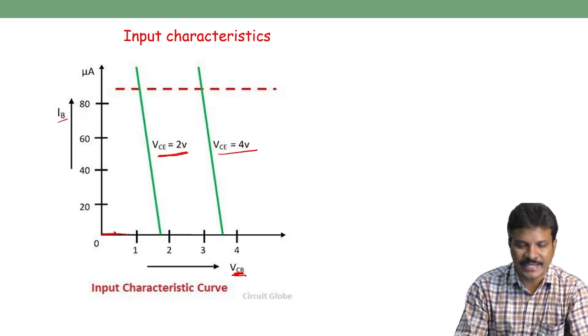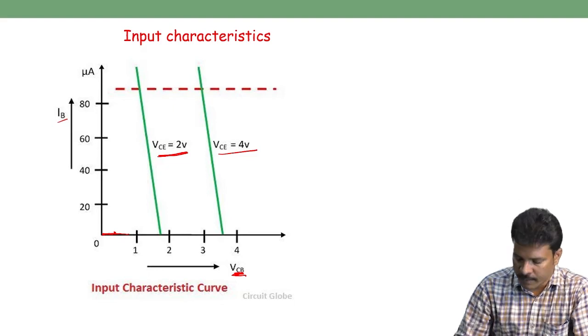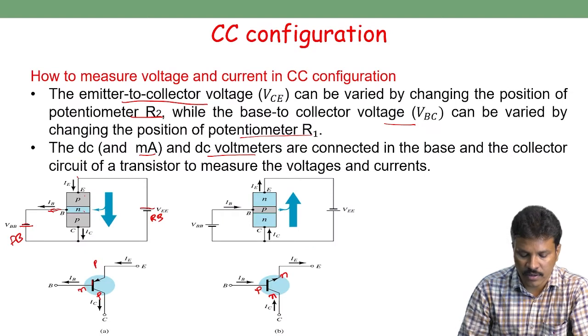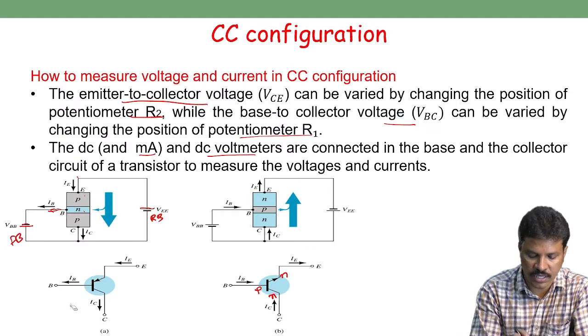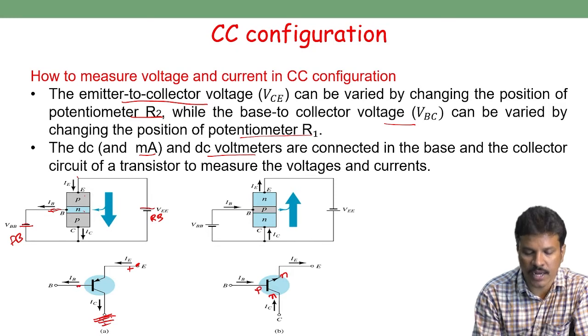In order to understand the slope of this graph, we can take a mathematical equation for the voltage. For example, this is the emitter terminal, this is the collector terminal. The potential of emitter with respect to ground or collector terminal is the sum of emitter to base terminal and base terminal to collector terminal.